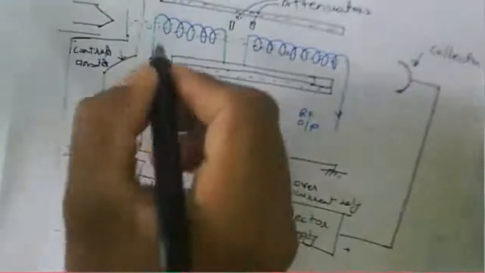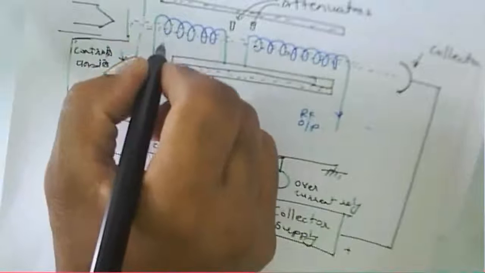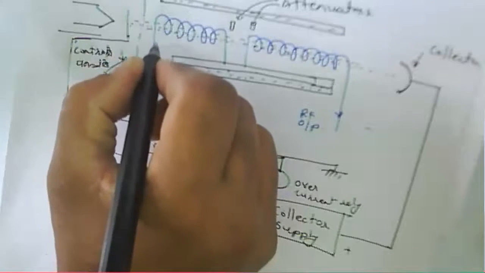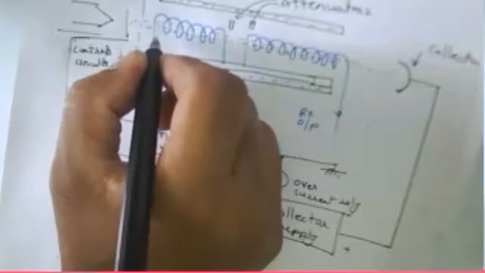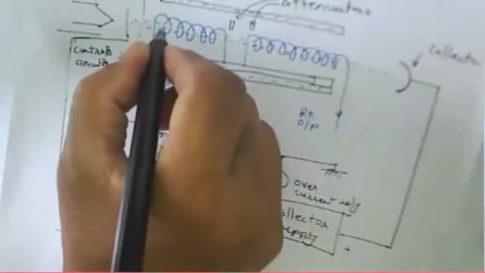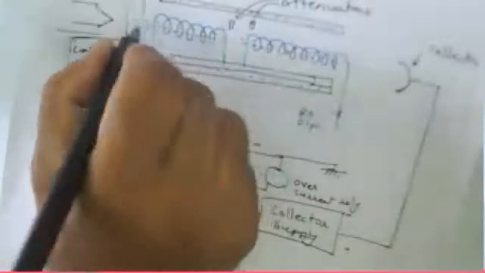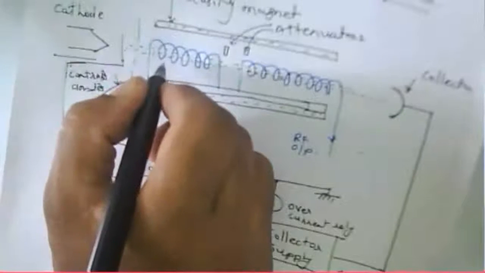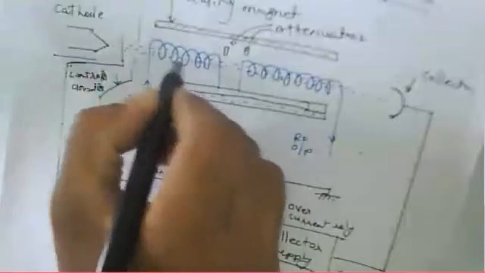Here the interaction of the electrons takes place with the field, but the RF field is moving. So we have a moving axial electric field and moving axial electrons, and the interaction takes place in this particular region.